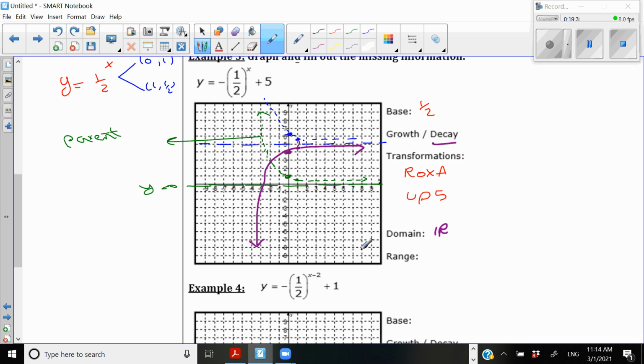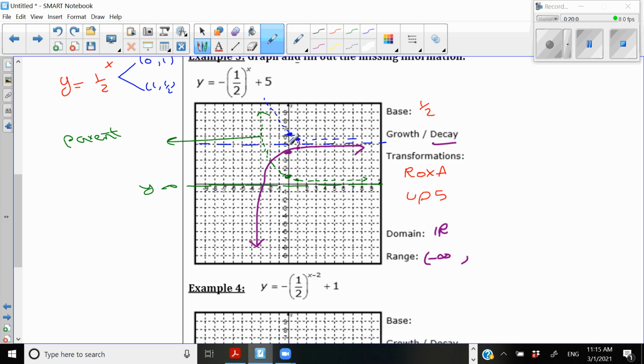For the range, you move bottom to top, and this time as you're moving bottom to top, the first thing that you see is this arrow. So this function is continuing going to negative infinity from the bottom side. So it starts from negative infinity, and where does it end?